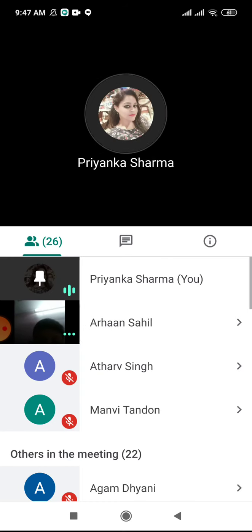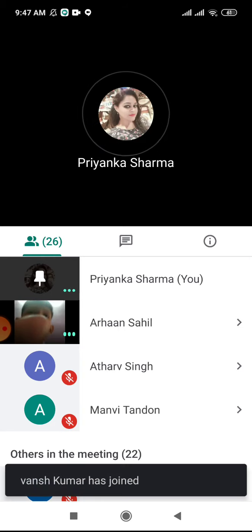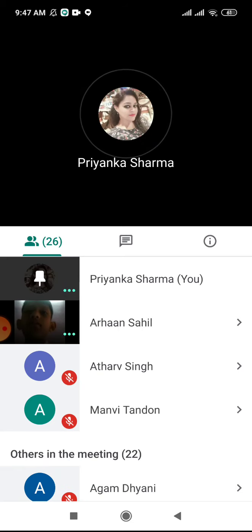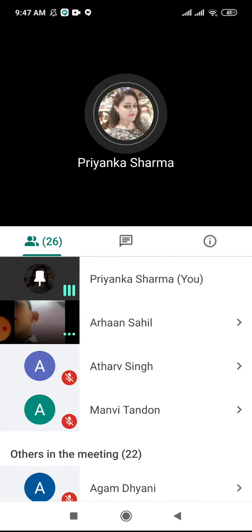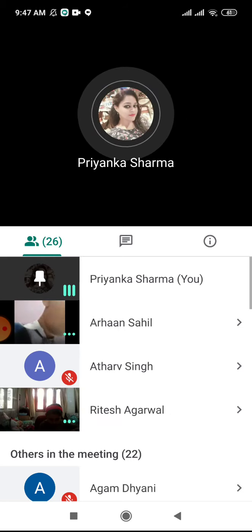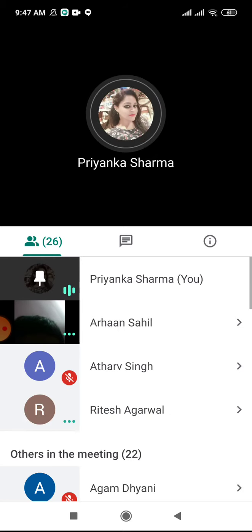Those who have not understood, I am telling you again. Look at the first blue box and try to understand the dots. They are slanting at the right side. In the second box, they are slanting at the left side. In the third box, again they are on the right side.